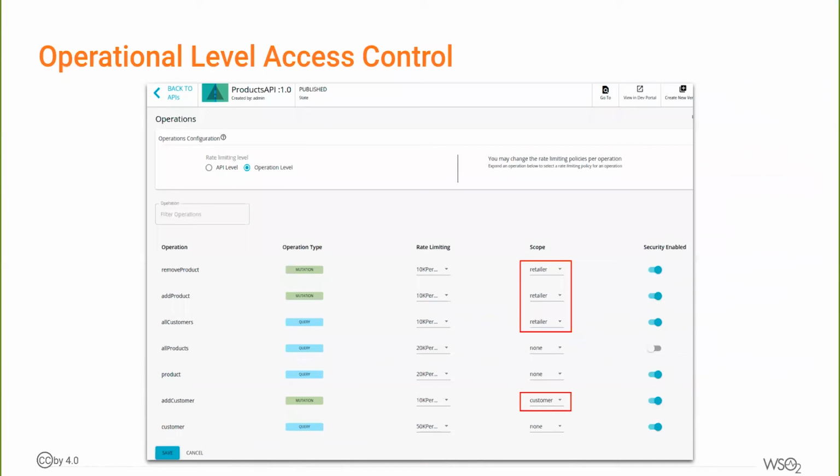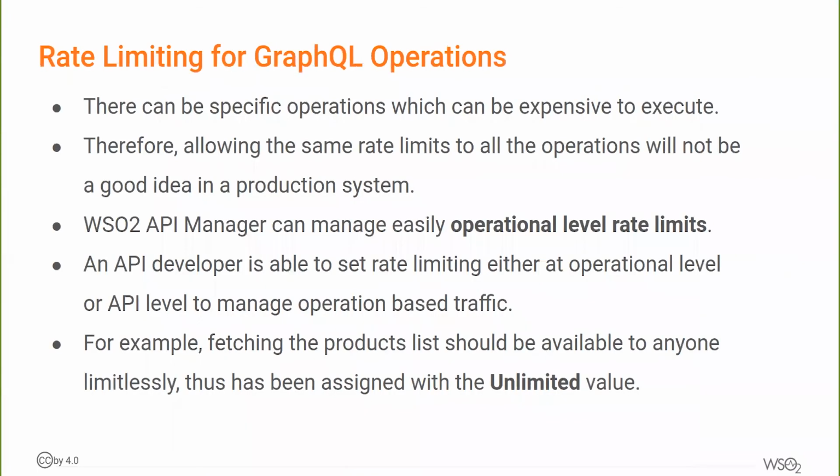In GraphQL, there can be specific operations which are expensive to execute on the server. So allowing the same rate limits to all the operations will not be a good idea in a production system.